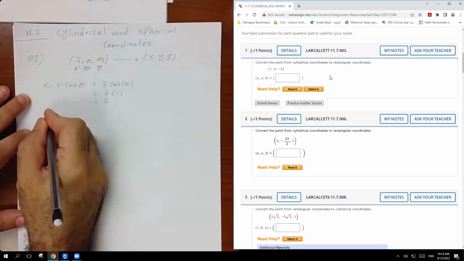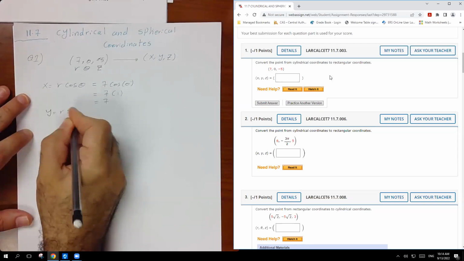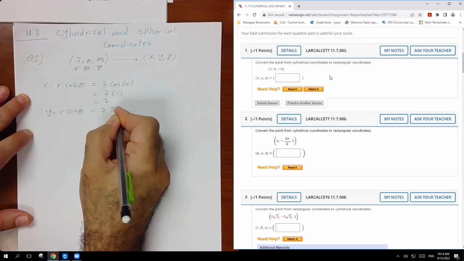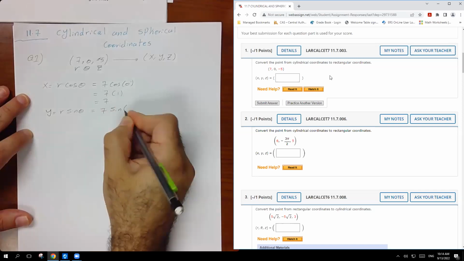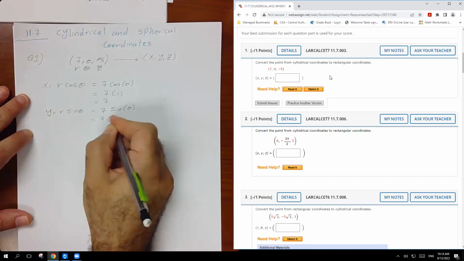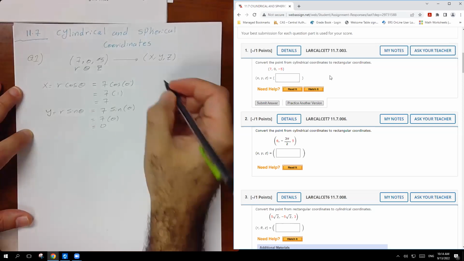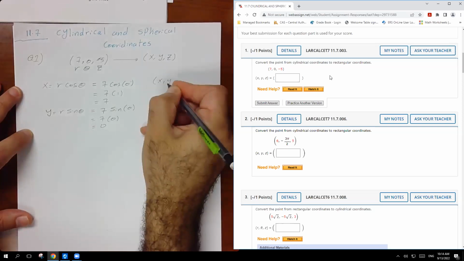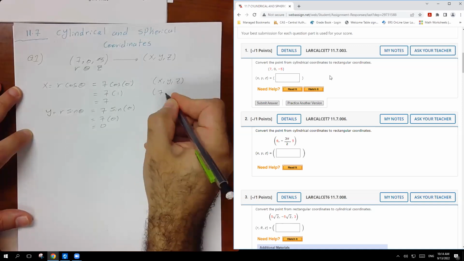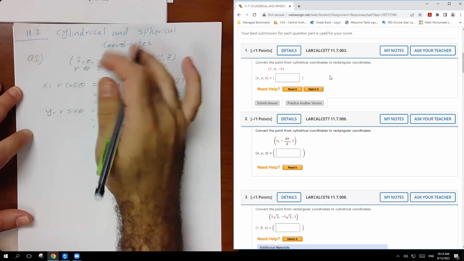Now y is going to be r sine theta. It's going to be r, which is 7, sine theta is 0. And this one is going to be 7 times 0, and it's going to be 0. That means x, y, z is going to be x is 7, y is 0, and z is exactly the same one, so it's going to be -5.